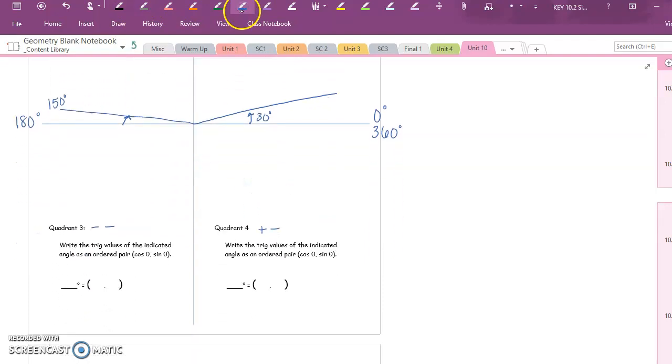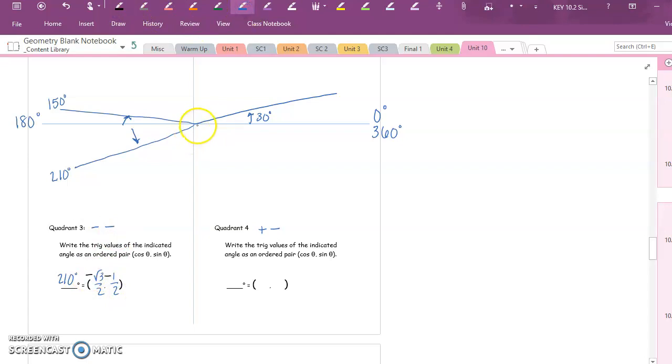In quadrant 3, we go a little bit this way. So we're doing 180 plus 30, and we have a new degree measure of 210. So we have root 3 over 2, comma, 1 over 2. However, make sure that you have the symbols correct. So we have negative, negative.